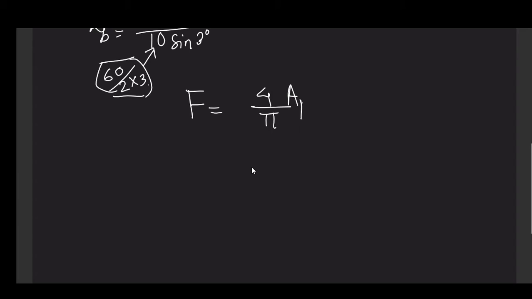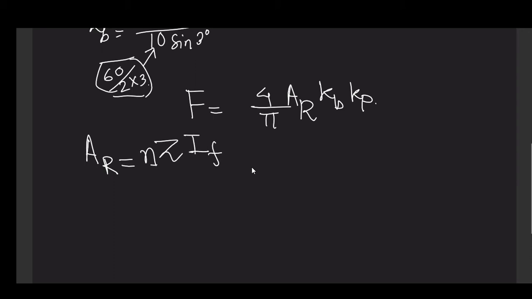Let it be AR, otherwise you will get confused with armature reaction. But this is not the armature reaction, rather it is the ampere loading of the rotor, that is NZIF by 2. Now see, we need to find out these data also.